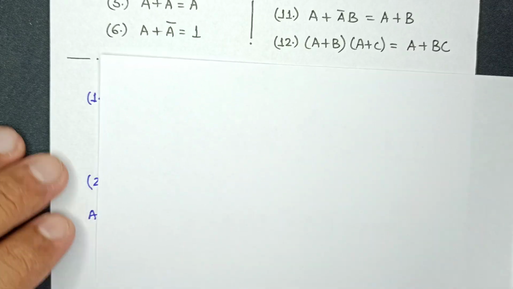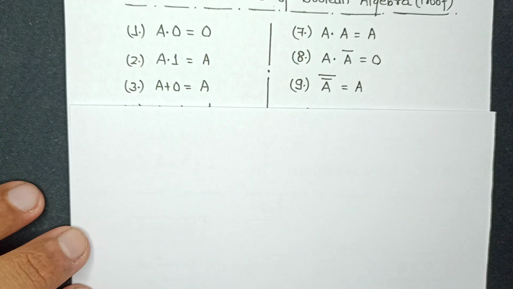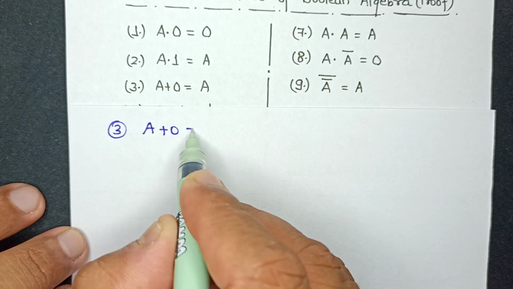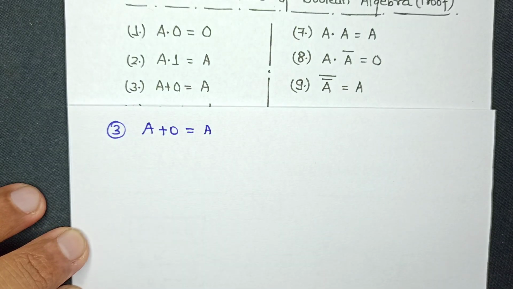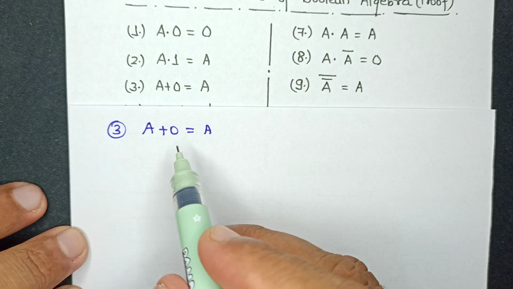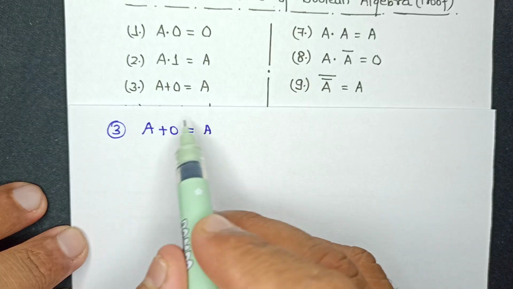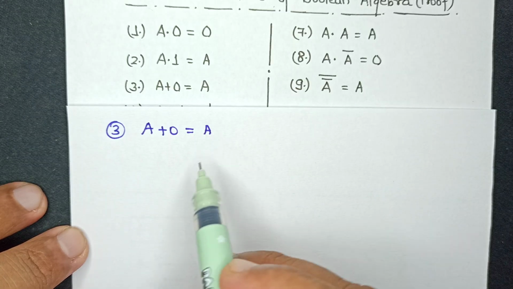Now let us go ahead with the third rule, which says that the value of a plus 0 is equal to a. Clearly in this case, since the plus sign is used, this rule states that whenever a variable is ORed together with 0, it is always equal to the variable.